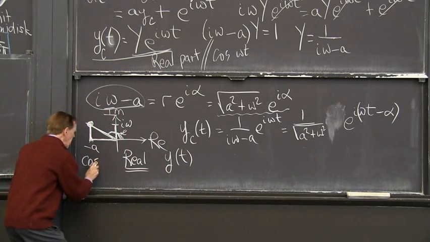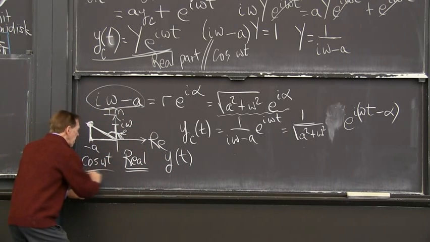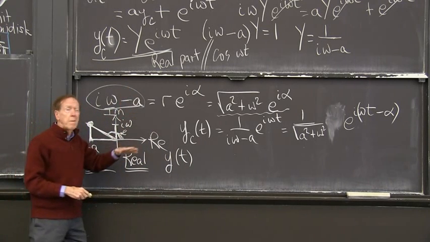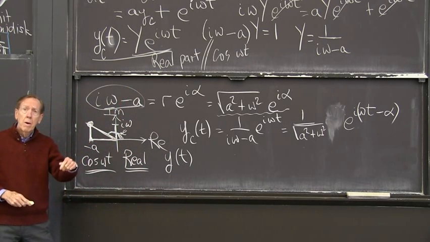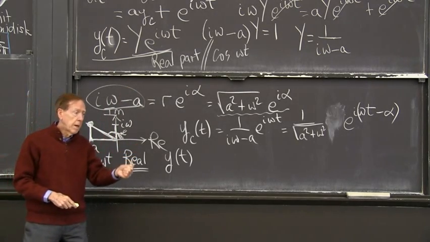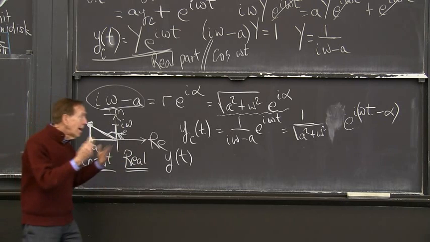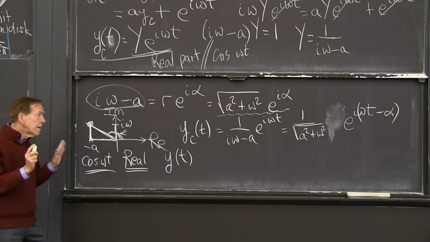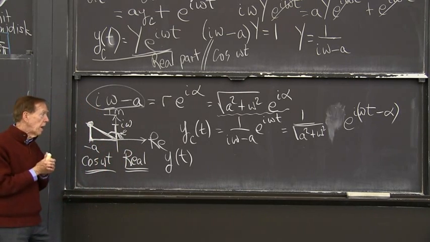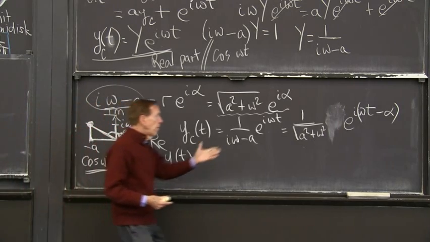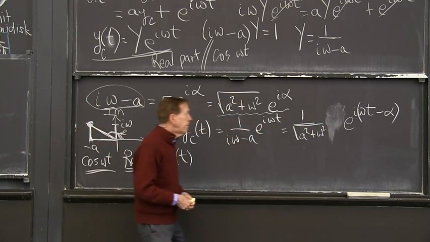The cosine of omega t is the case I'm redoing from what I had in an earlier lecture as a combination of sines and cosines. Now we're going to see it more beautifully. So I'm ready to take the real part of that.